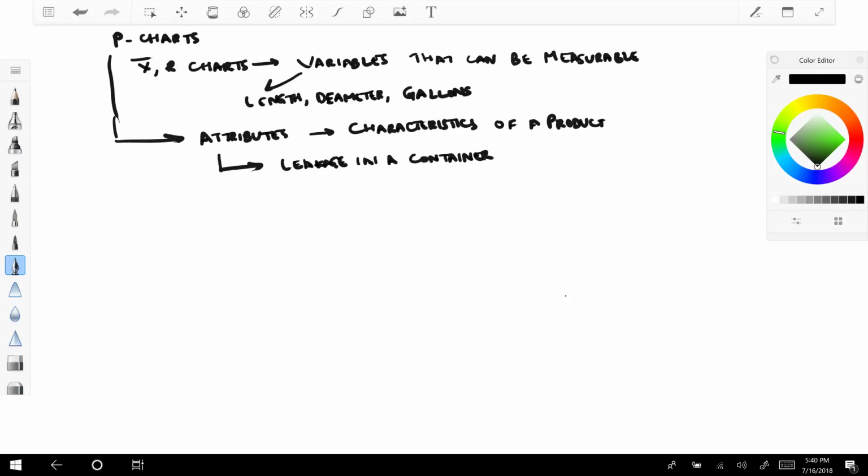Or if we want to determine the scratches in a car paint, that's a proportion.